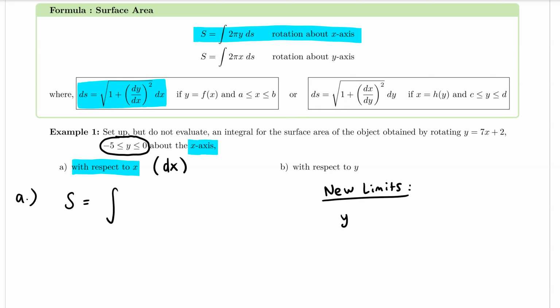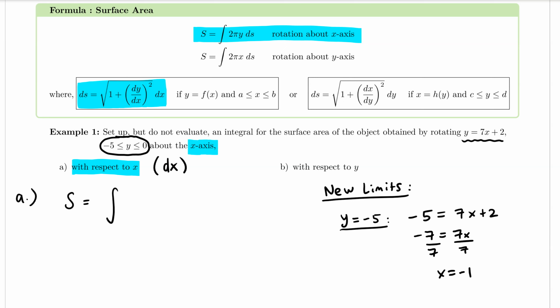I have that my original lower limit is y equals -5. So I'm going to take my curve here and sub in -5 for y. If I subtract 2 on both sides, I get -7 is equal to 7x. And then if I divide both sides by 7, we get x equals -1.